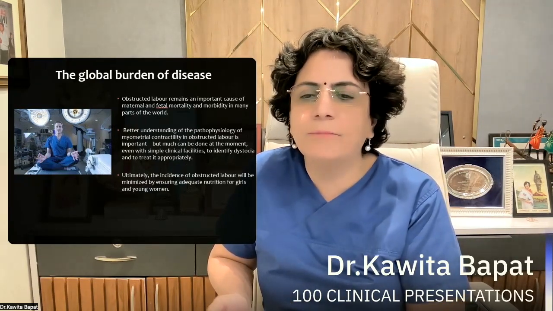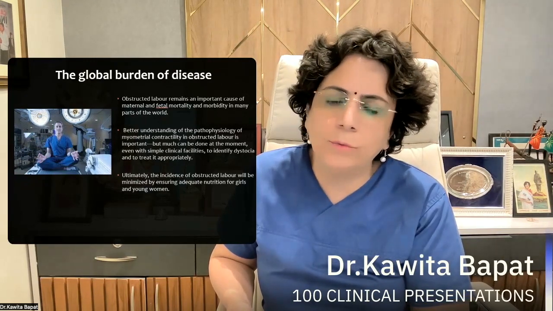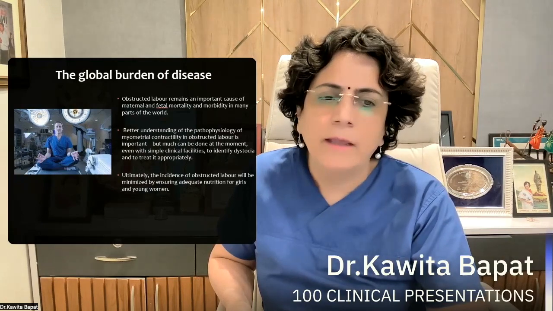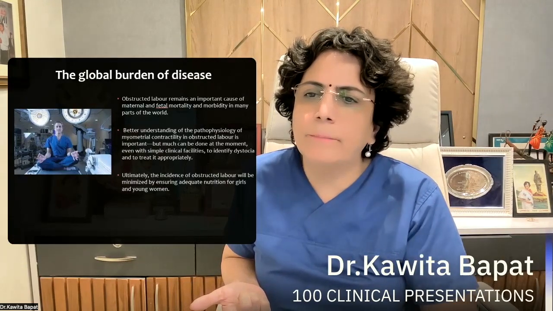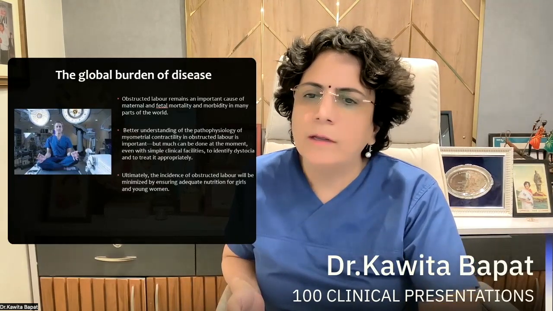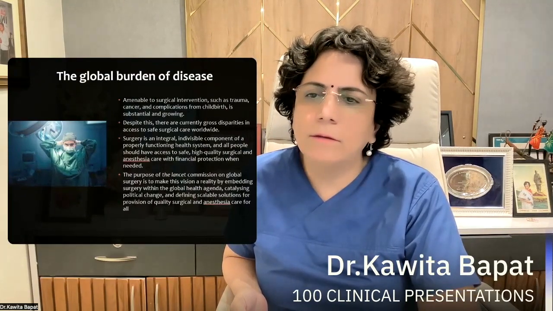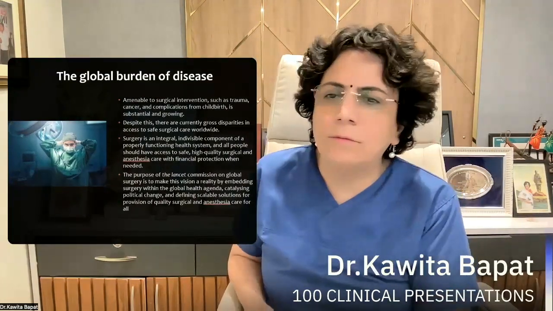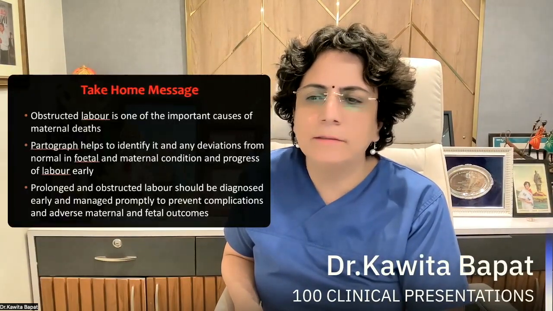Ultimately, the incidence of obstructed labor will be minimized by ensuring adequate nutrition of girls and young women at the right time, which is another important point. It remains a global burden and an important cause of maternal deaths throughout the world, and we should know about it.